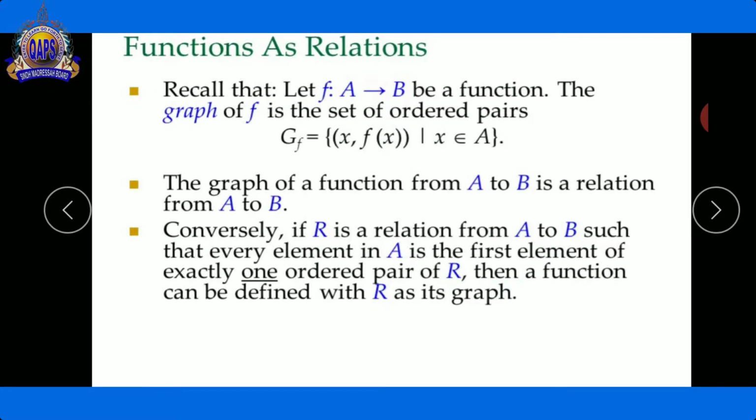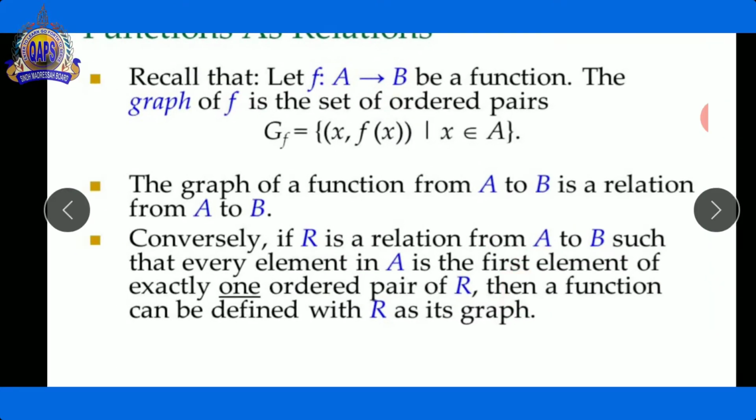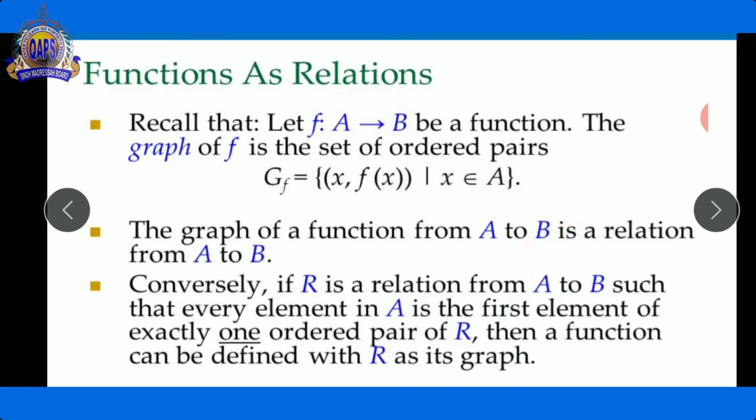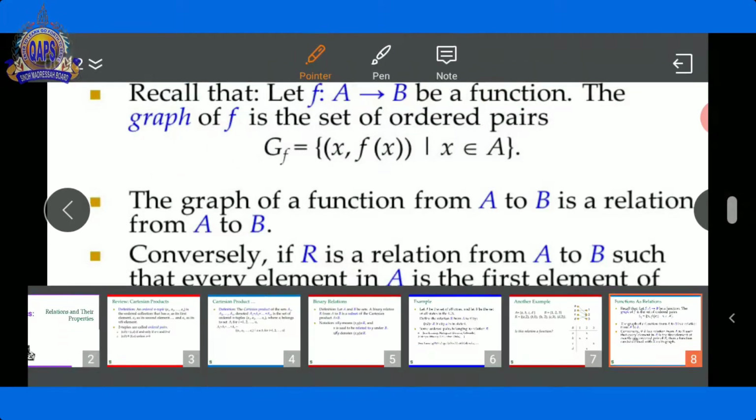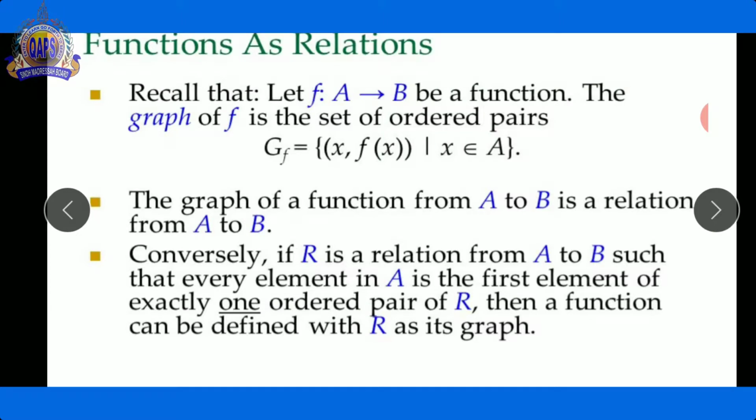Function is a relation. Now see here, the main topic: functions as relations. Recall that a function from A to B is a mapping. The graph of a function is a set of ordered pairs.